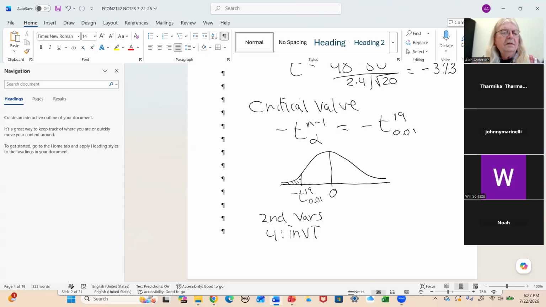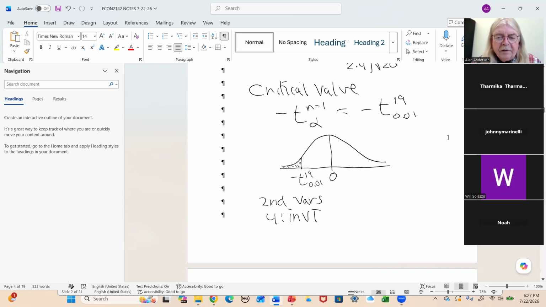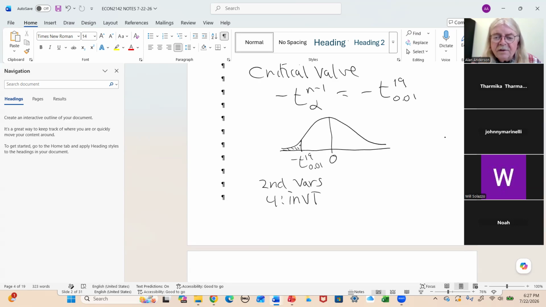Oops, wrong one. Then it asks for area, which is the left tail area, of course.